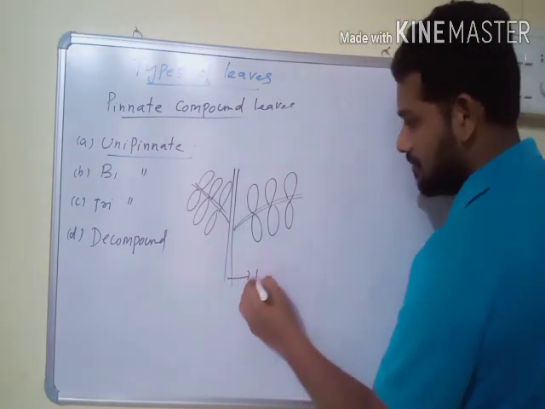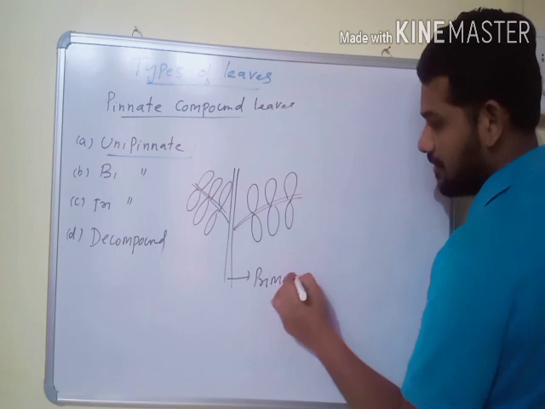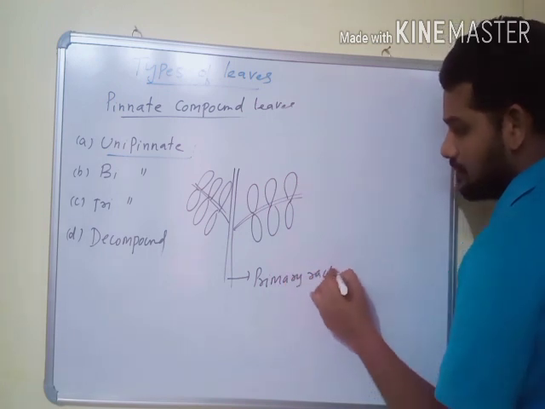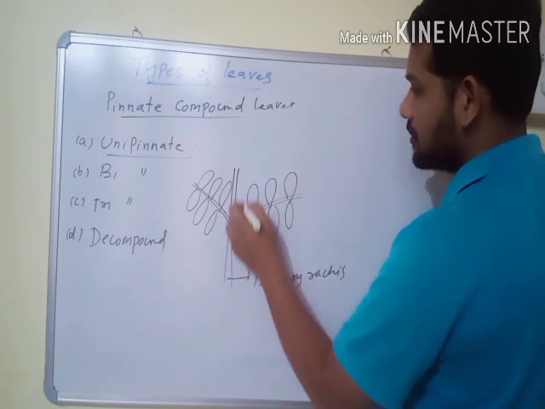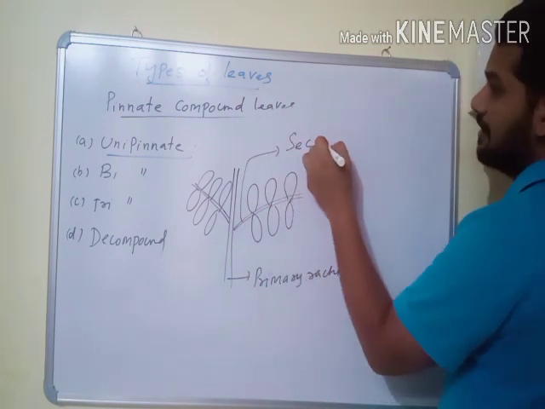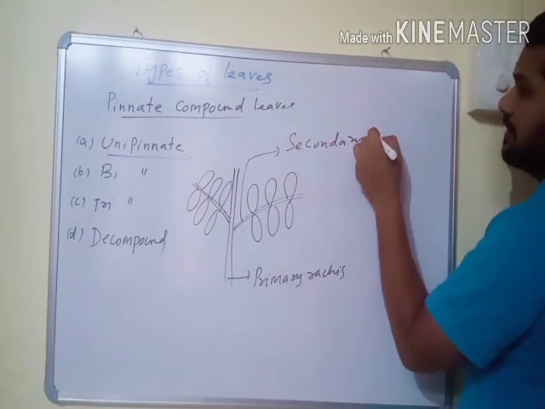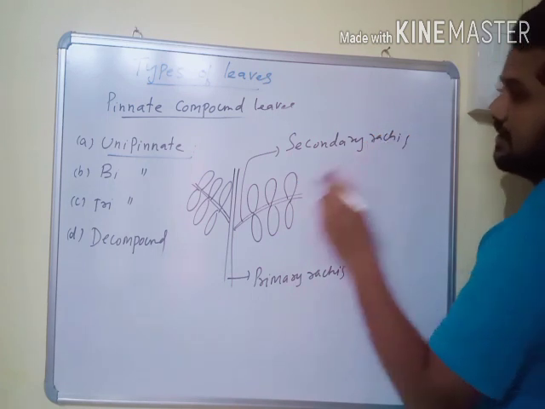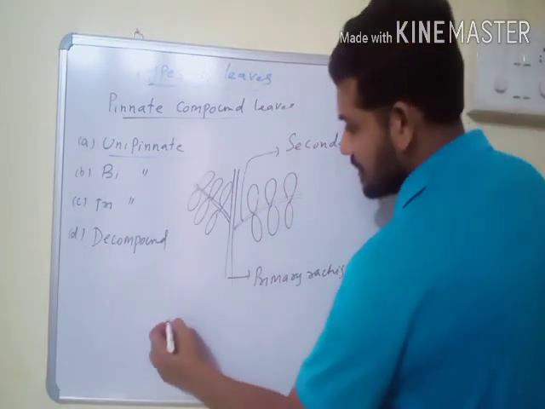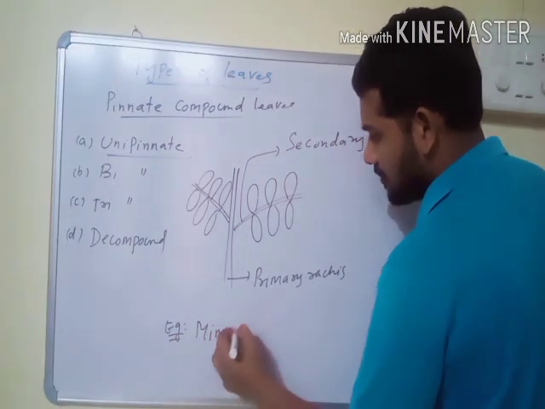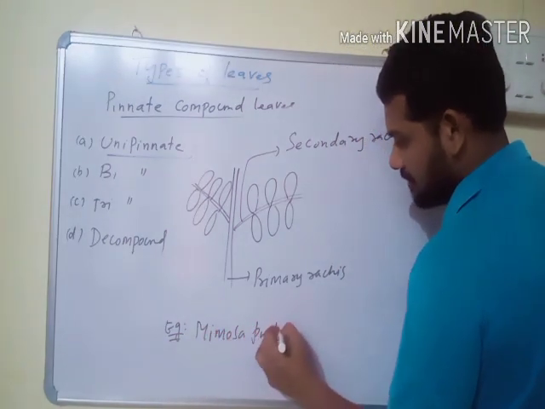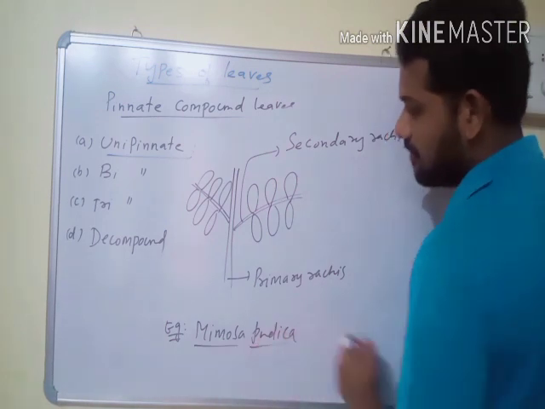These are the leaflets present on the secondary rachis, and this type of leaf is usually present in Mimosa pudica. Mimosa pudica is the scientific name of touch-me-not.